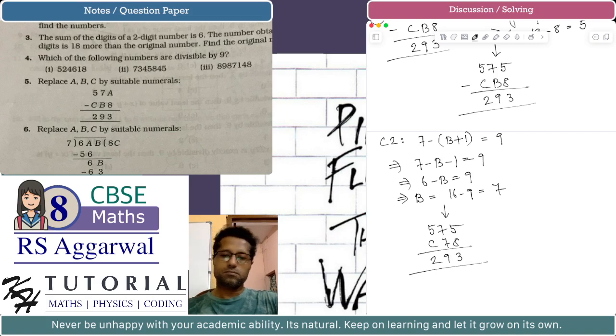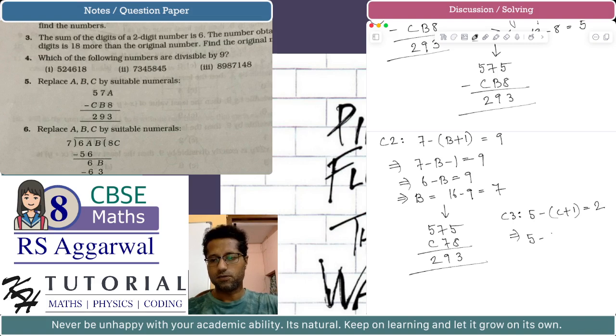Okay. So now for the calculation of C3, the leftmost column, there will be a carry forward from C2. We see that 5 minus C plus 1 is equal to 2. This implies 5 minus C minus 1 is equal to 2.